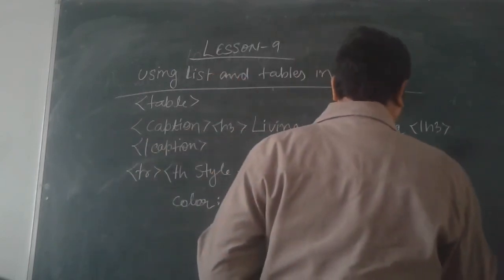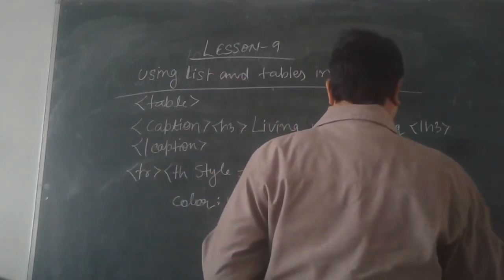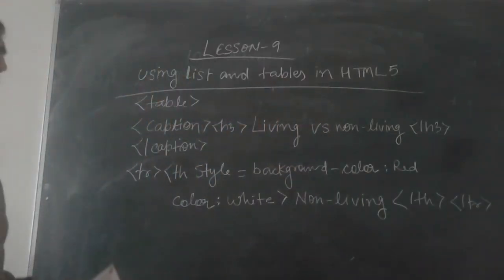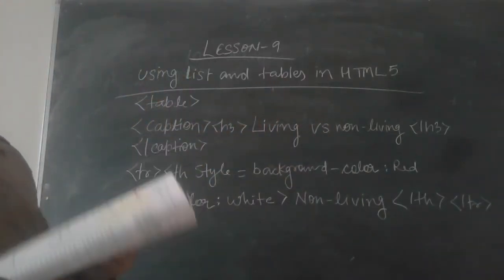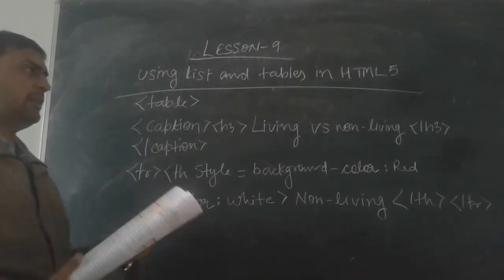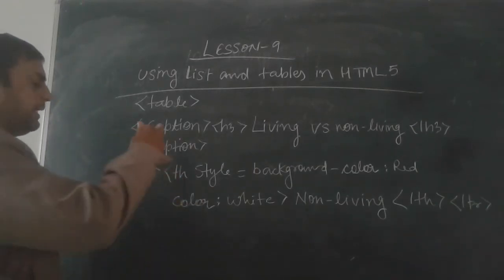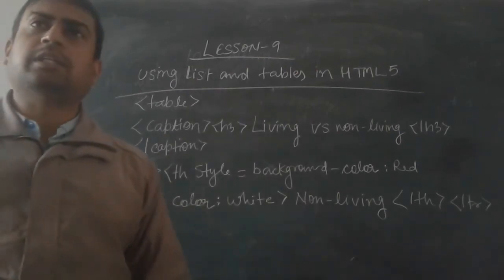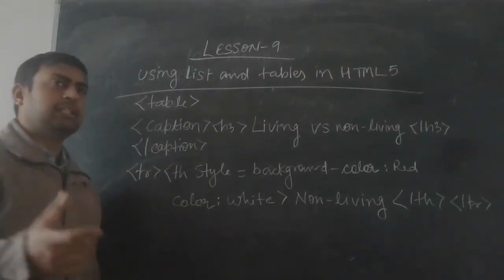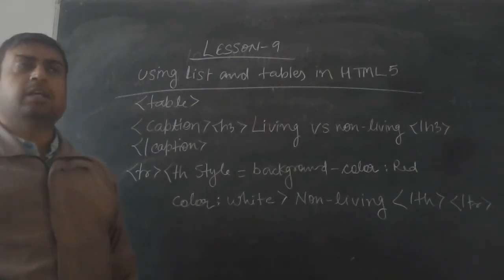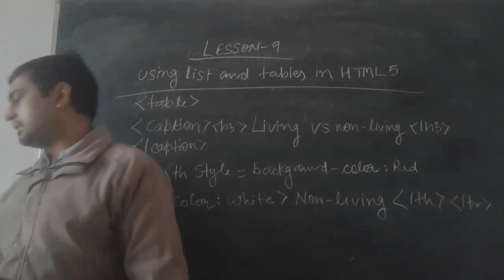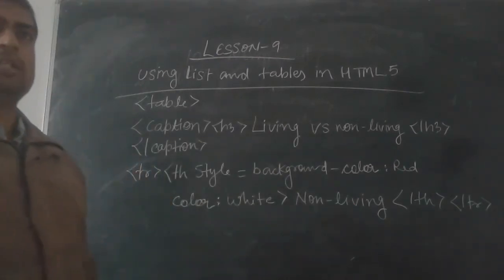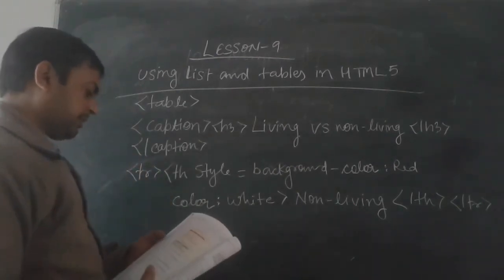Non-living, then TH and then TR. So I have written this property inside the tag. In the first example I was showing that we can write the CSS separately, and now we can write the CSS inside the tag also, which I have shown here.